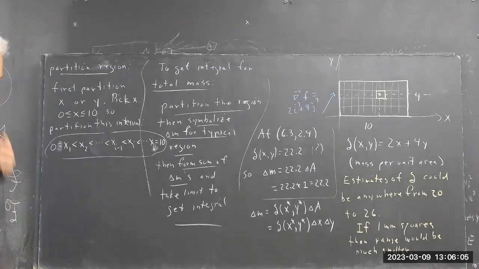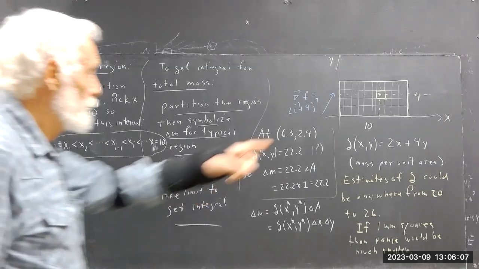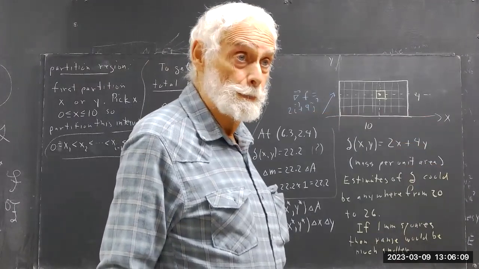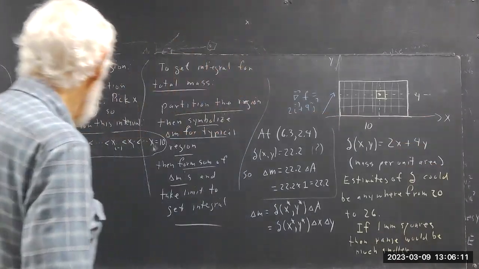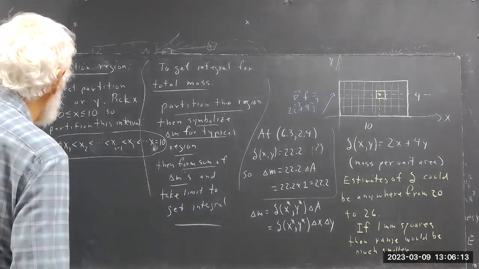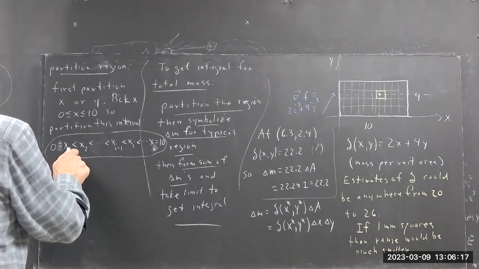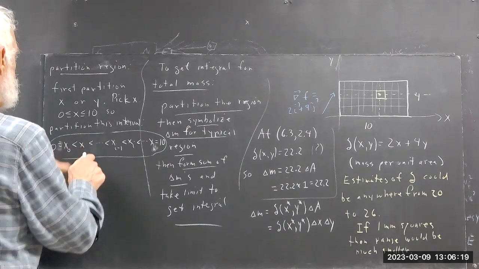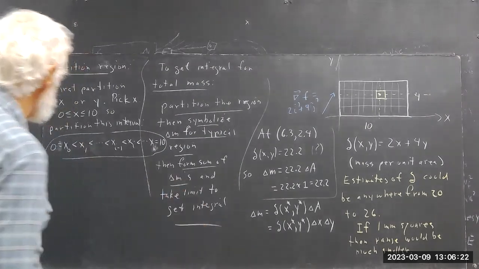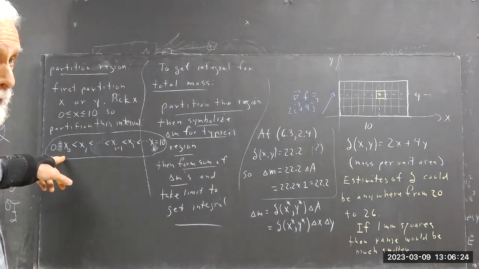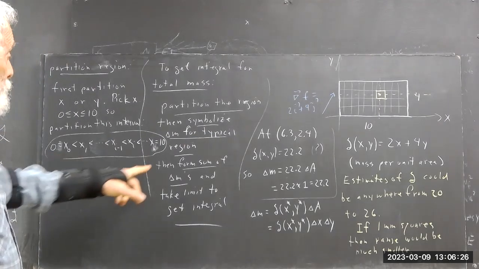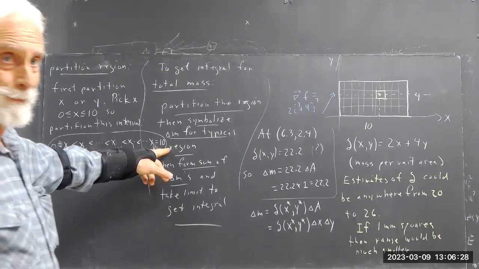Okay. And well, that's what we're doing here for 1 centimeter. X naught is 0. Xn is 10.